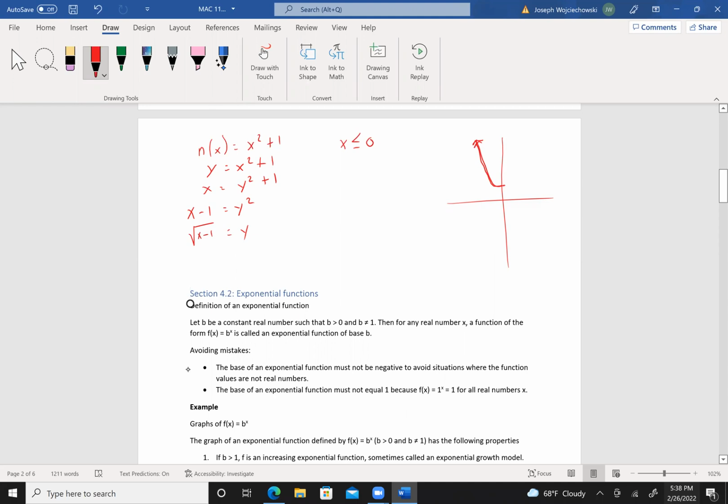And since here y has to be less than or equal to 0, we only want the negative square root of x minus 1. So that's how inverses work. And that's the end of section 4.1.